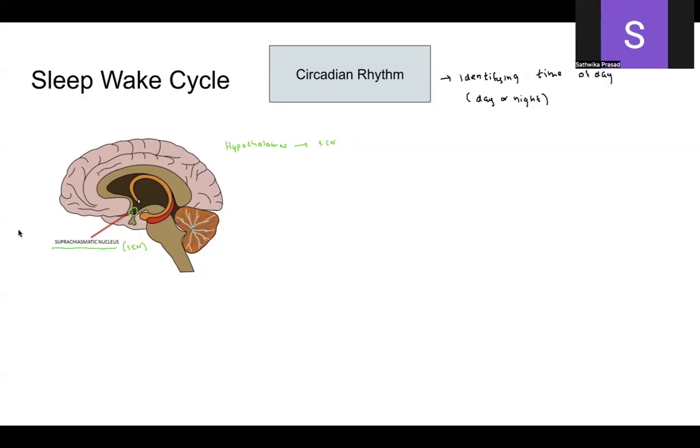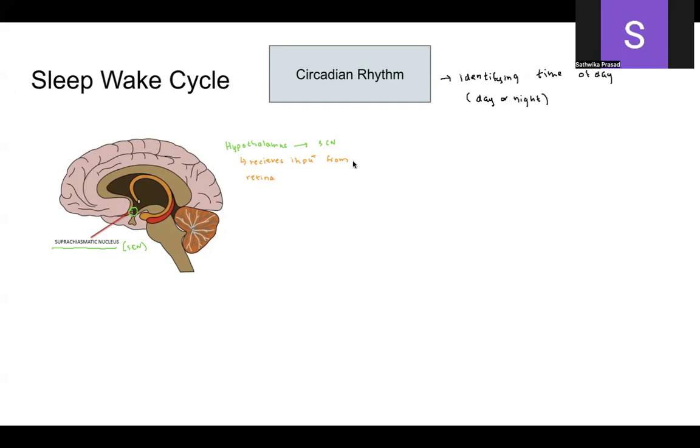Then what you also want to understand is that the suprachiasmatic nucleus receives input from the retina. Can you guys think of why this might be important? That's right.